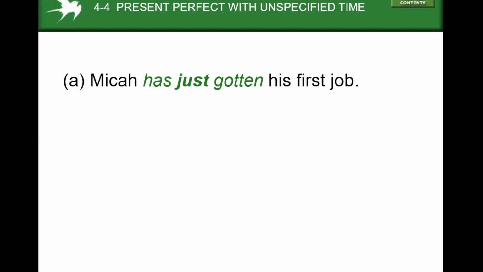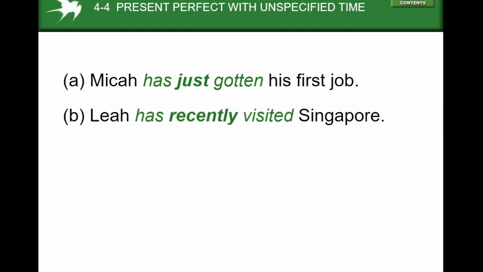Besides for and since, there are quite a few adverbs that you can use with the present perfect tense, like just and recently. Let's look at these examples. Micah has just gotten his first job. Leah has recently visited Singapore.